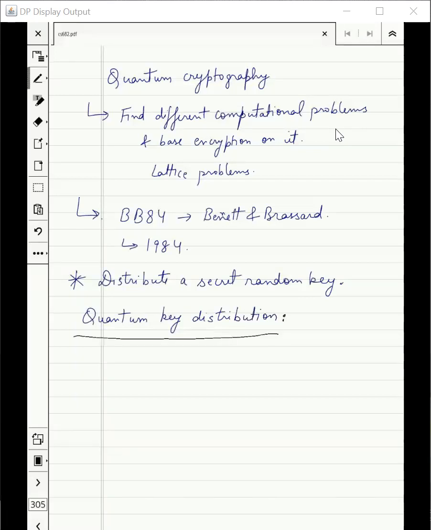Remember, for the symmetric key cryptography, not the asymmetric one, the main problem in the one-time pad, to perform one-time pad, was the presence of a secret.